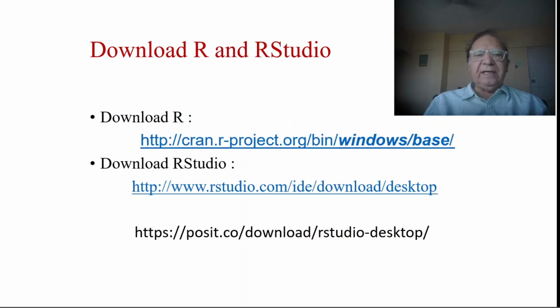R Studio can also be downloaded for Windows. You can download it from rstudio.com download, or you can also download from posit.co download. Just Google R Studio download. But mind it, you have to first download R and then R Studio.